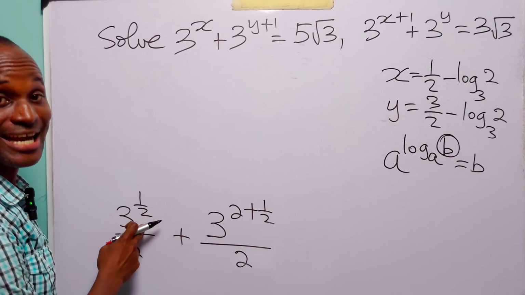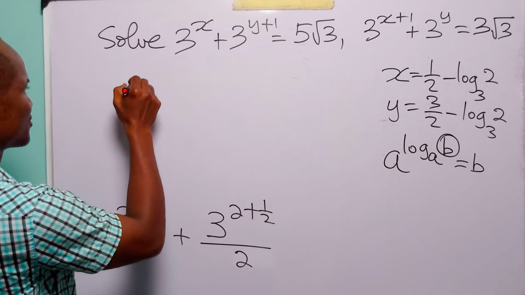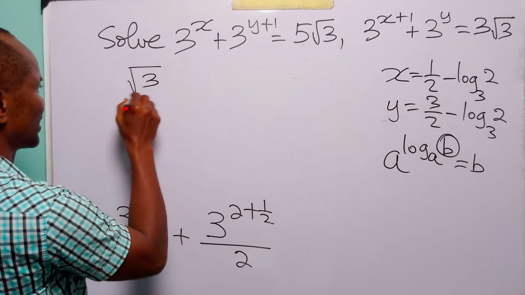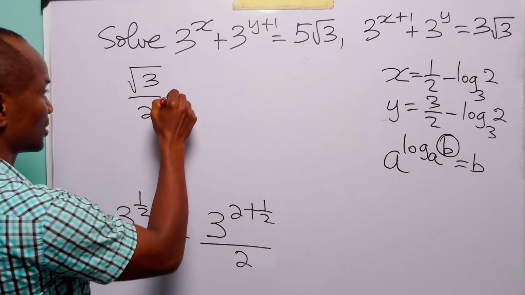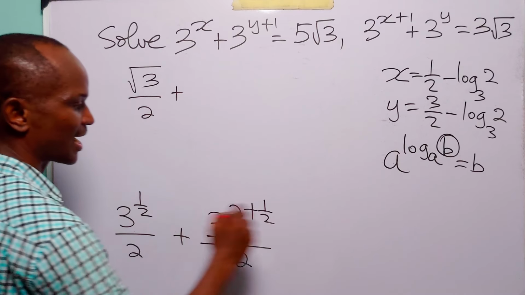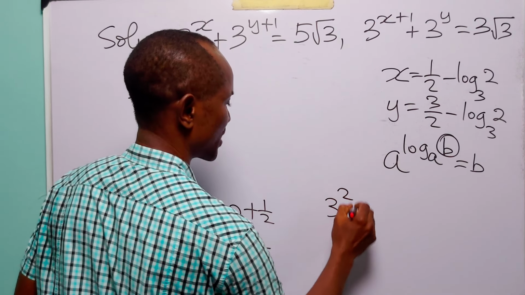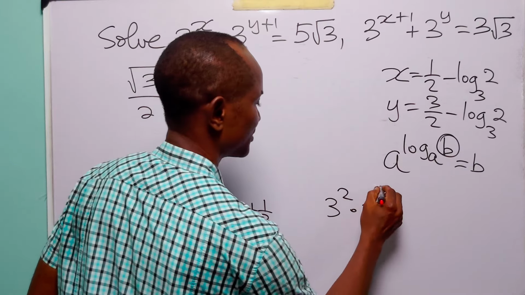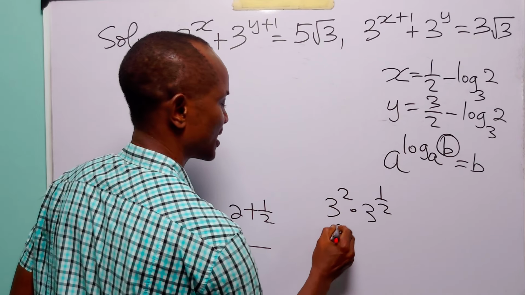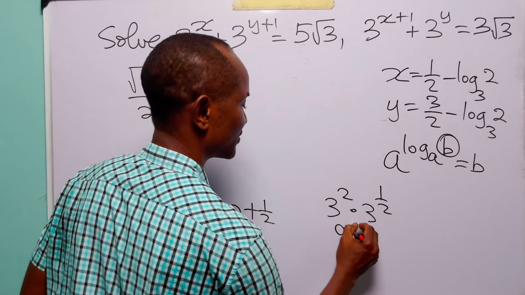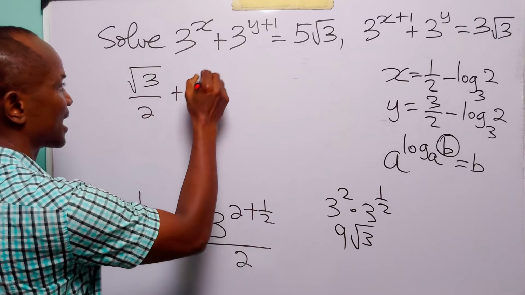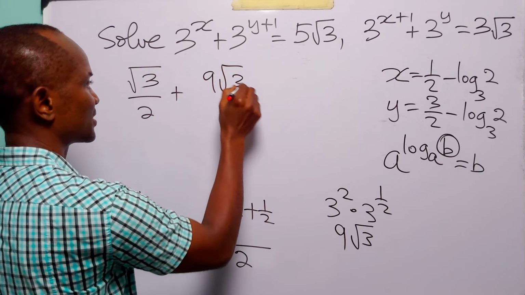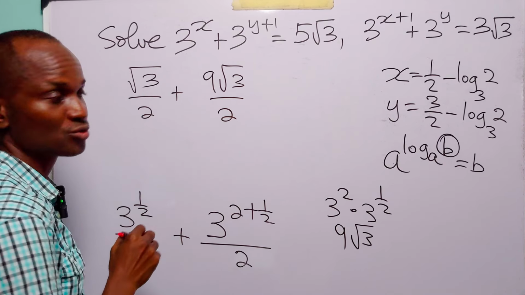Now writing this in radical form, this is going to be the square root of 3 divided by 2 plus, now here we have 3 squared multiplied by, because of the addition, 3 to the power half. 3 squared is 9 and 3 to the power half is root 3. So here we have 9 root 3 divided by 2.